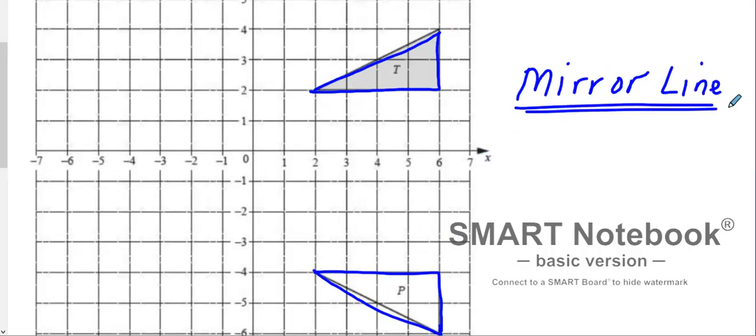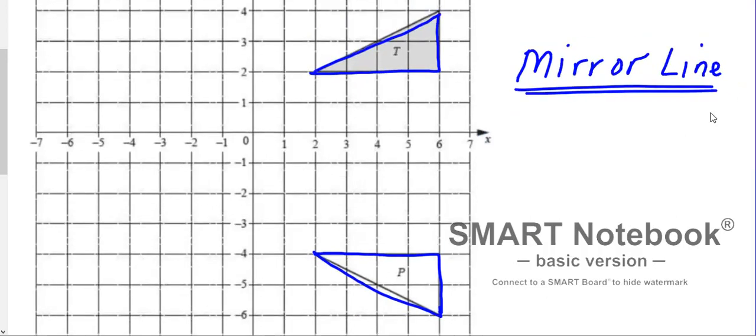The mirror line which moves triangle T to triangle P should be the line that goes exactly in between of this space you see here.